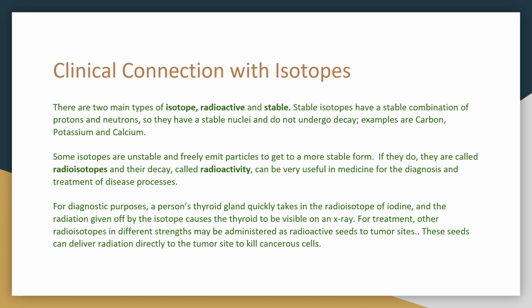For treatment, sometimes they implant radioactive seeds at tumor sites, so that they are specific to that type of cancer cell, and hopefully the radiation can kill off those cells. Those are 2 examples of how we use radioisotopes in medicine.